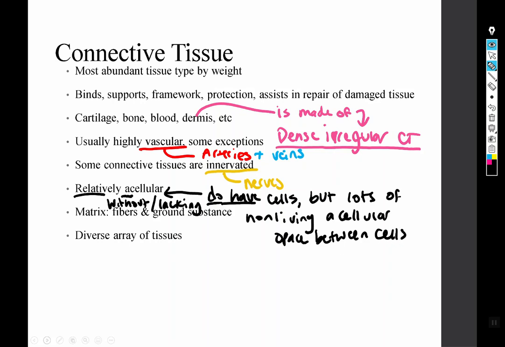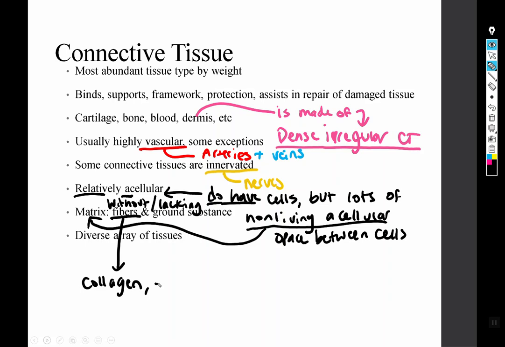So what's in that non-living space? Well, matrix, which is just the non-living but organic and biological material that sits between cells. So fibers includes things like collagen, elastic, reticular fibers, and then some kind of ground substance.